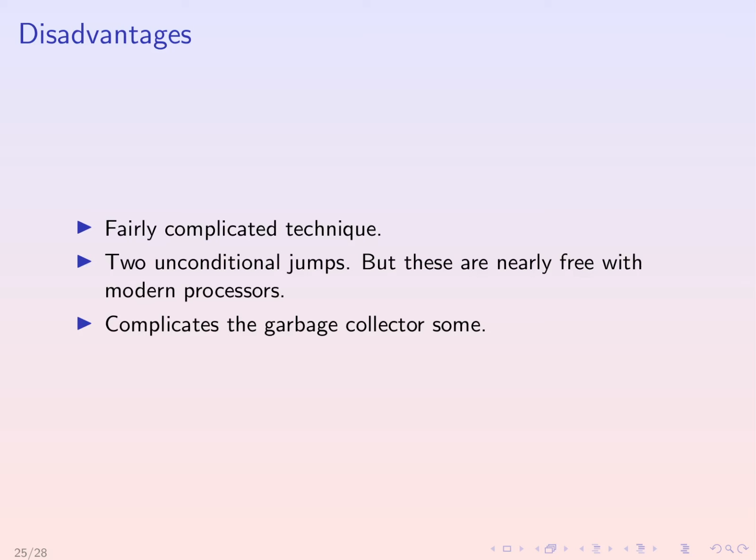Our technique complicates the garbage collector a little bit because the position of the snippet and the position of the callee and the caller in memory must not change as a result of garbage collection. Luckily, this is already the case in the SICL garbage collector for the global heap. And another complication for the garbage collector is that snippets must not be reclaimed when they're still on the stack being used.